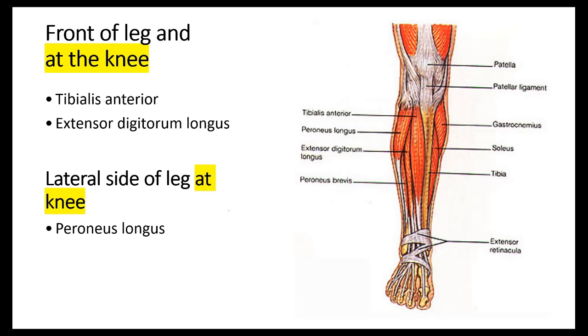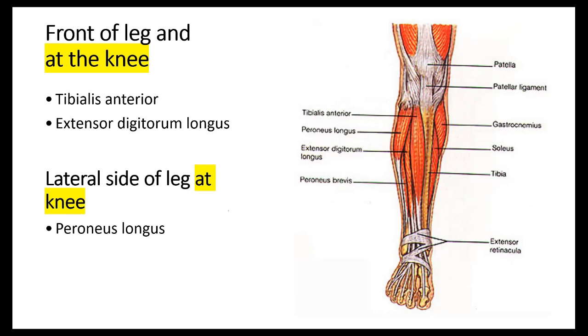metatarsal. The next muscle is the extensor digitorum longus, which is again attached proximally to the lateral aspect of the lateral tibial condyle and the upper three-fourths of the anterior aspect of the interosseous membrane. Distally, the tendons get attached to the base of the middle and the distal phalanges of the second to the fifth toe.